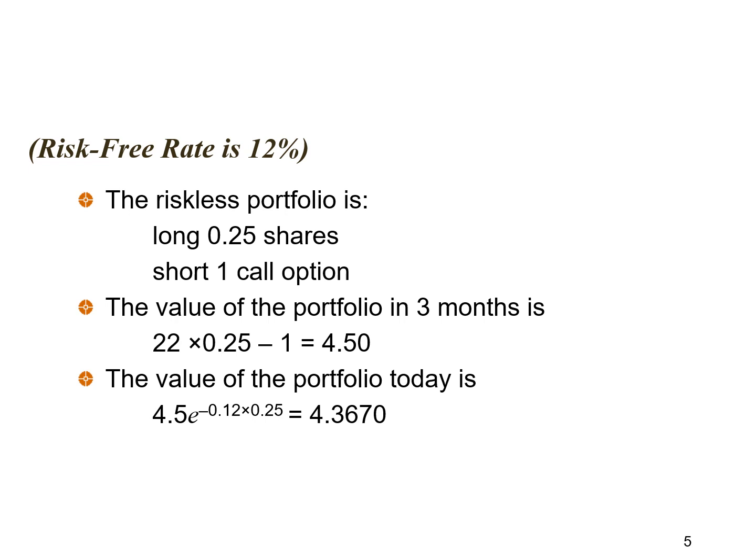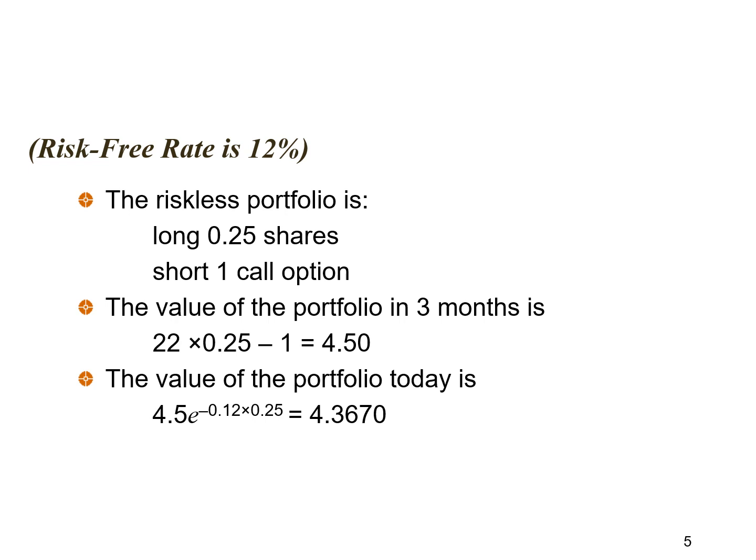So let's take this example a little further. The risk-free rate we assume is 12%, and in the previous slide we saw that you're long on 0.25 shares of the underlying security and you're short on one call option.